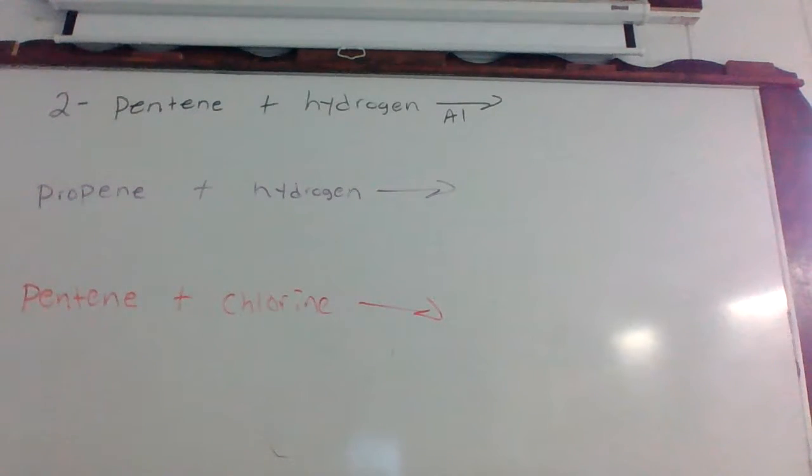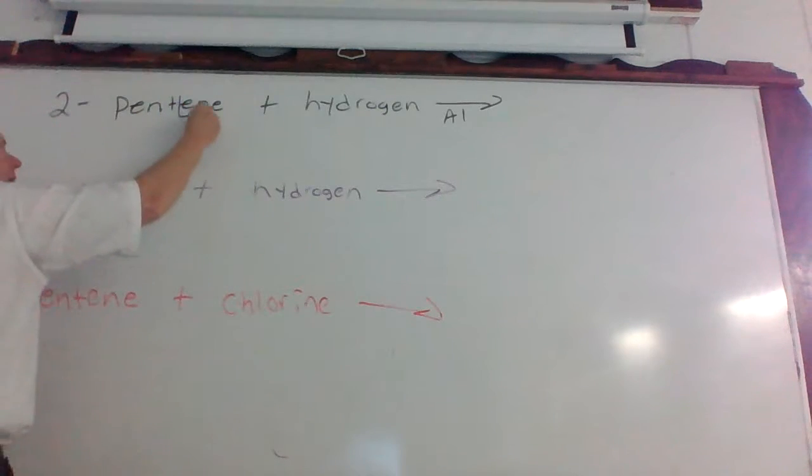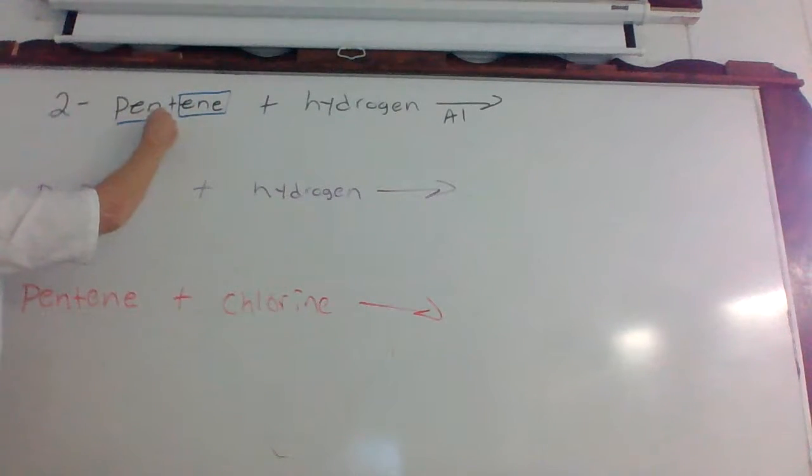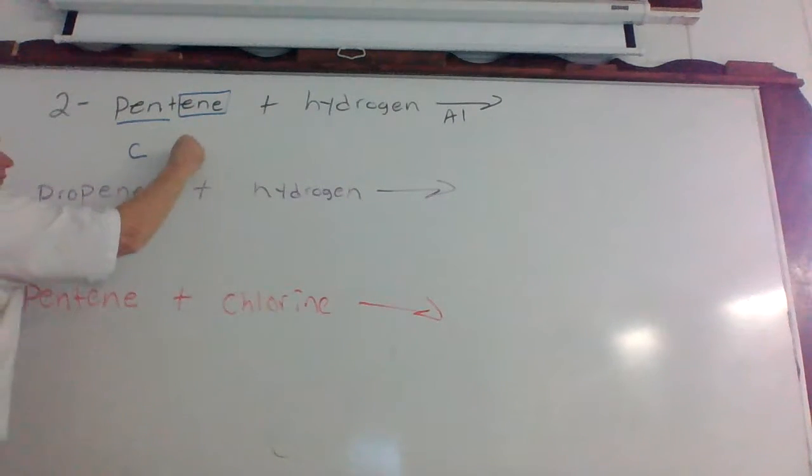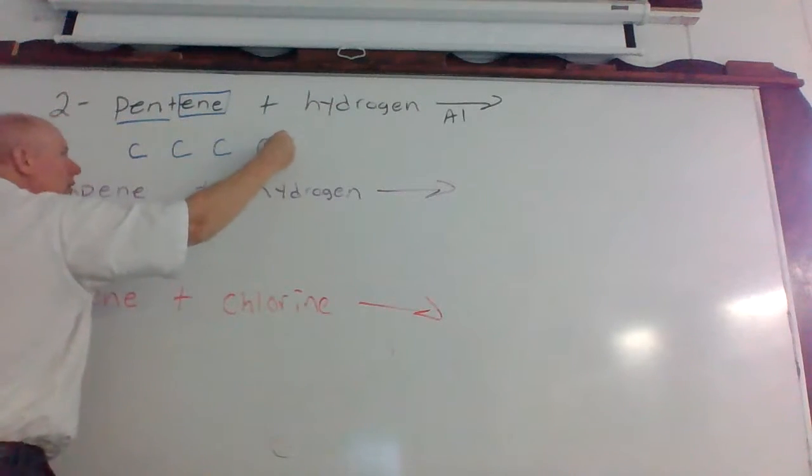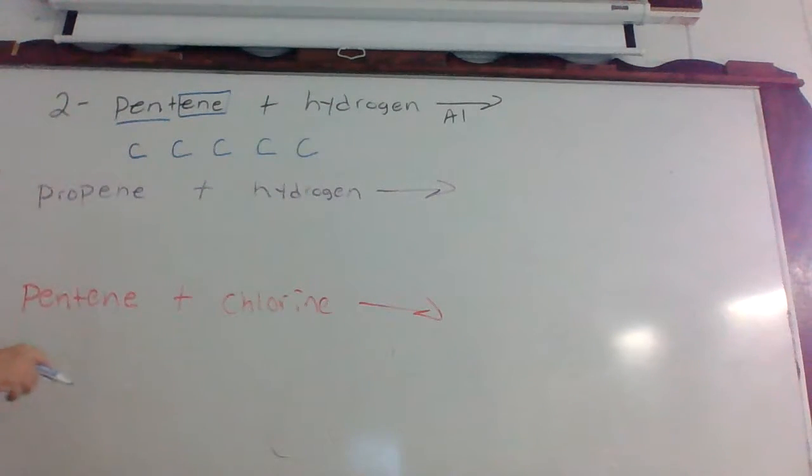Now, how would we draw 2-pentene? Remember when we reverse engineer this, this is our family, this is your parent chain, and then that 2 is significant for another reason. So we want to start with our parent chain, which is how many? Okay, so this is telling you somewhere within those 5 carbons there's something significant.